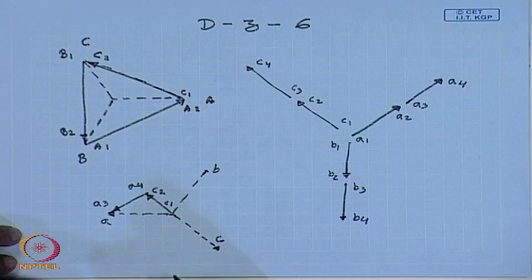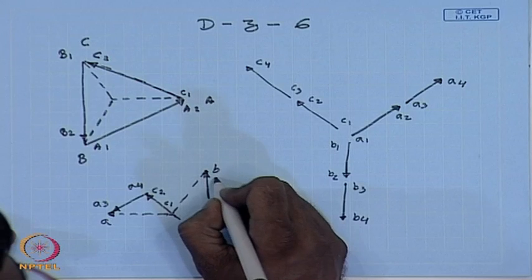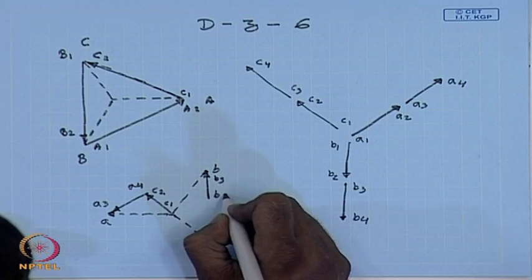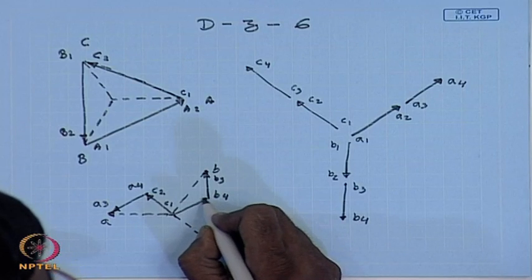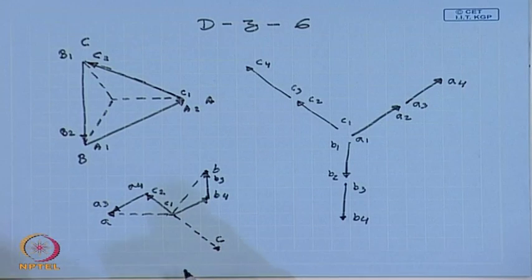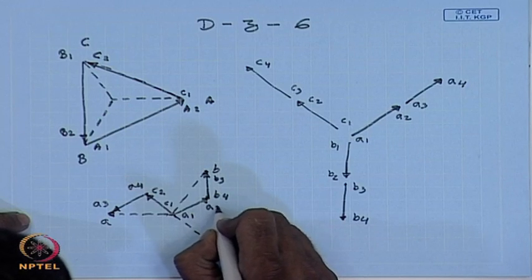Similarly, the B voltage phasor should be formed with B3, B4, and this should be A1, A2.